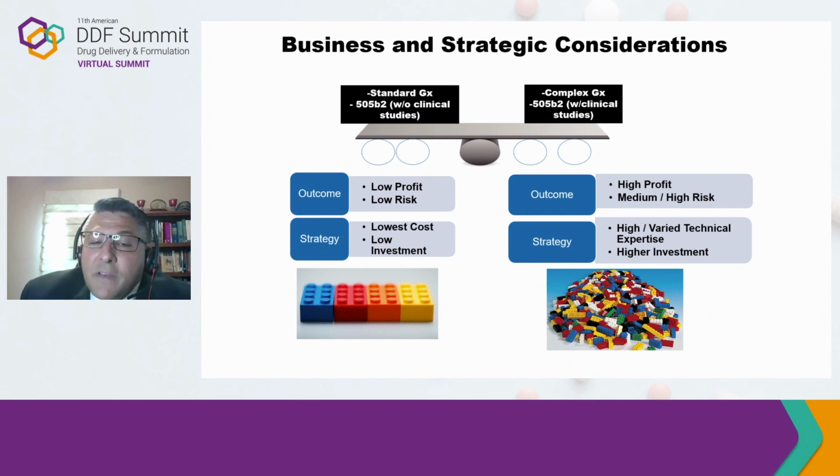It would require a different type of technical expertise as well, and higher investments. So it's a strategic decision that a company needs to make. And how do you balance that with the overall portfolio, including standard generics, complex generics, 505(b)(2)s with clinical studies, and 505(b)(2)s without clinical studies? With that, I'd like to end my talk.